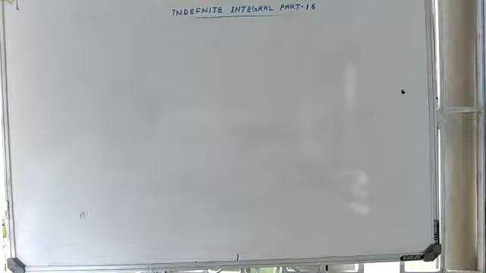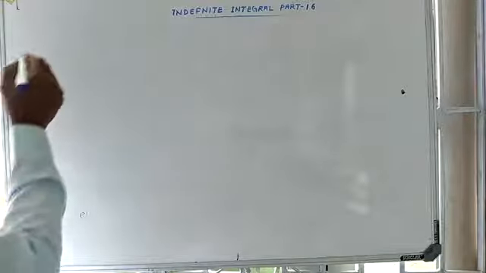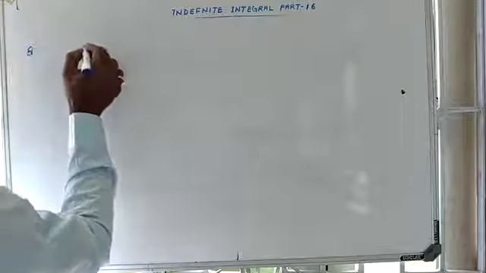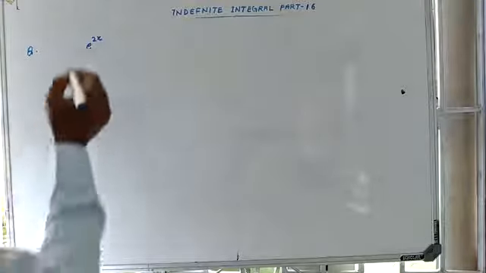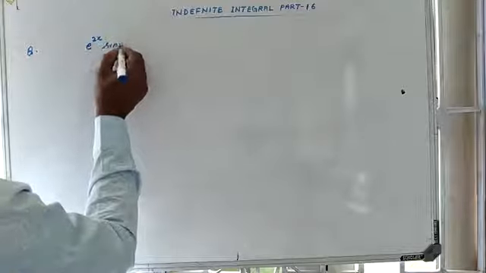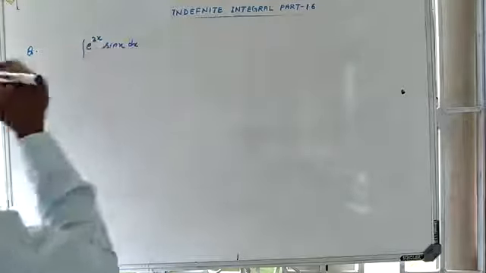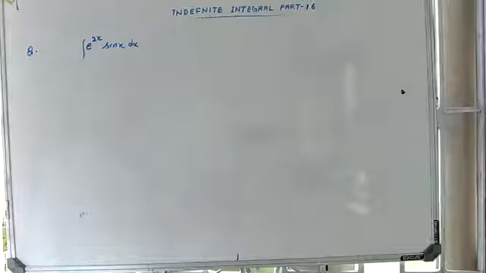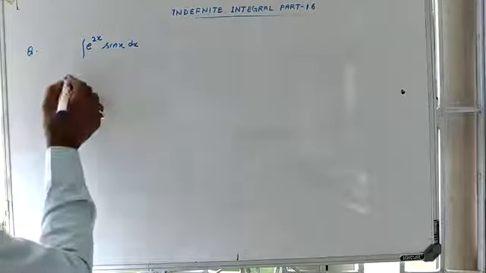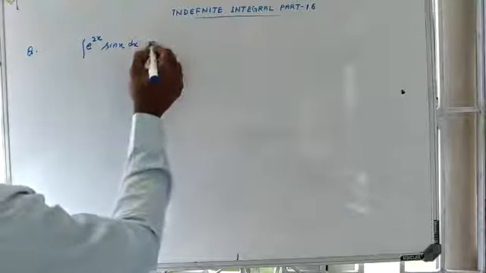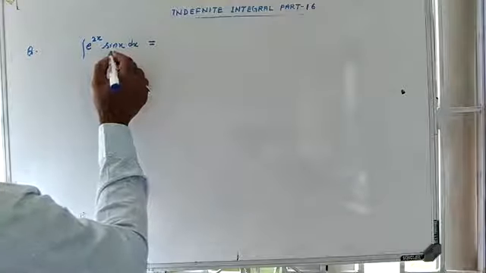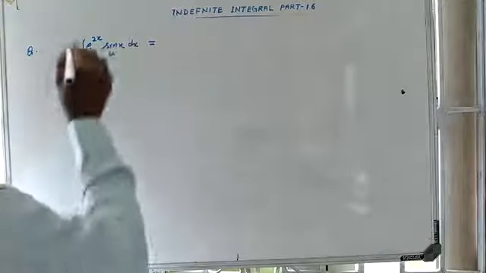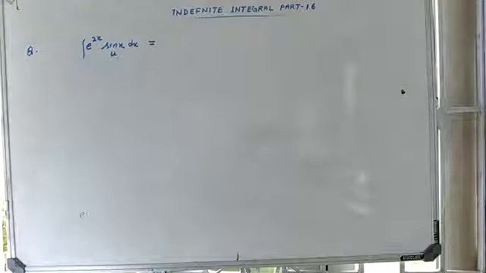Now comes the next question, integral of e to the power 2x sin x dx. This is the product of two functions, so we apply integration by parts. According to that, the first function should be sin x, because this is trigonometric and exponential comes at last.